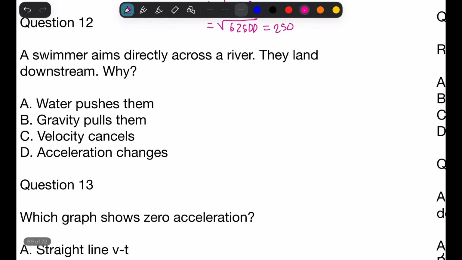C. A swimmer aims directly across the water. They land downstream. Why? Well, if we have a swimmer's velocity, that's going to be across, and the river is going to have a velocity downstream.